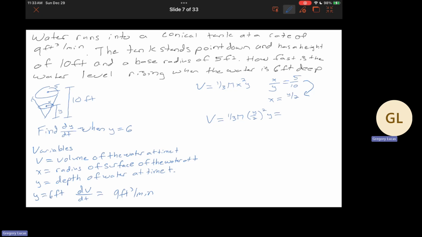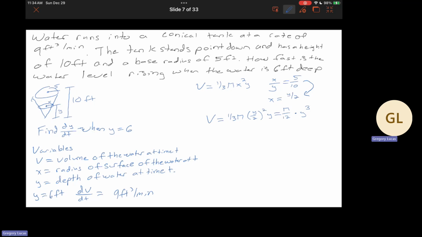And this is equal to pi over 12 times y to the third. All I'm doing here is squaring y and then multiplying by y, so I get y to the third. 2 squared is 4, 4 times 3 gives me 12 in the denominator, and we have the pi left in the numerator. I'm just simplifying this left-hand side.